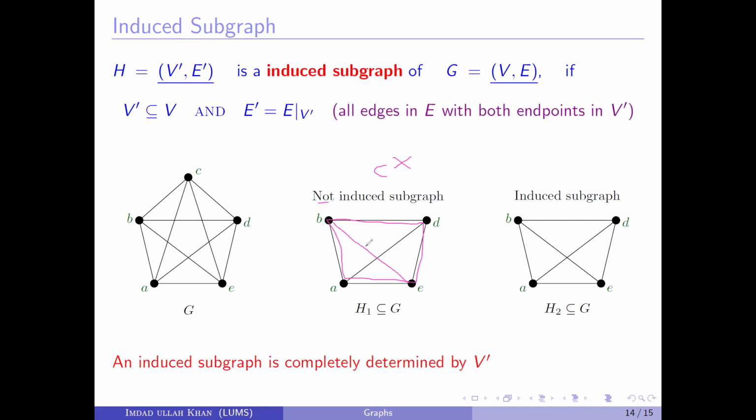This edge cannot be missing if you're talking about an induced subgraph. An induced subgraph can contain some of the vertices, but all edges which were in E amongst those V prime vertices have to be preserved. And the right side subgraph, which is H2, is an induced subgraph of the original one.